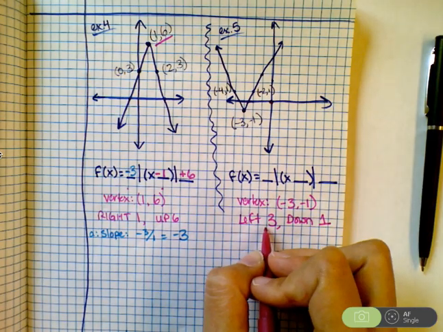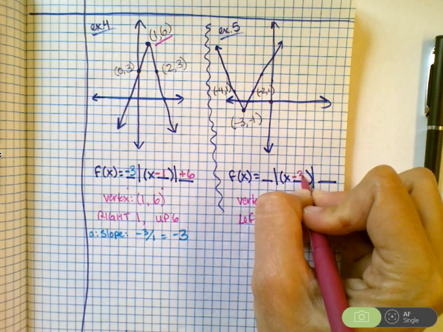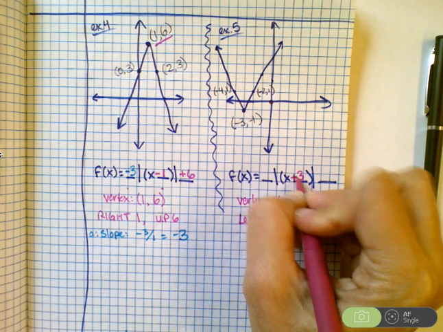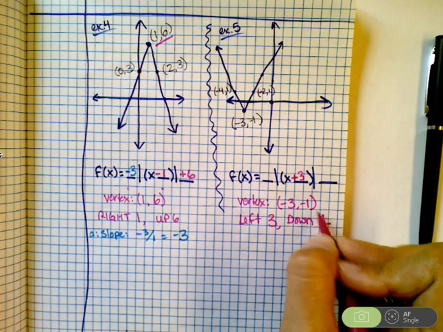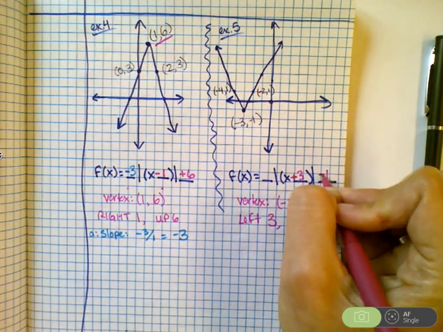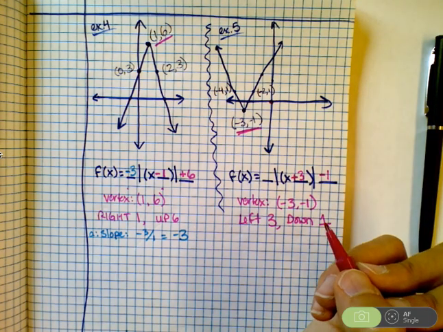So left 3 in our function goes inside the parentheses with the x as a plus 3. Left 3 makes it a plus 3. And then down 1 makes it a minus 1 on the outside. And again, that comes from looking at that vertex and figuring out where that is.